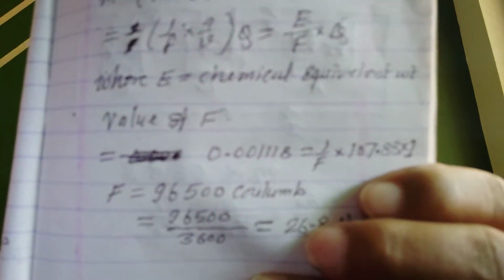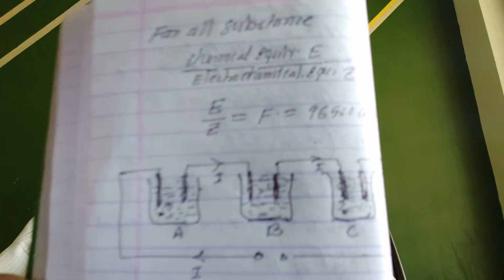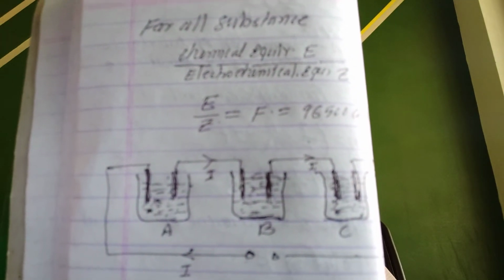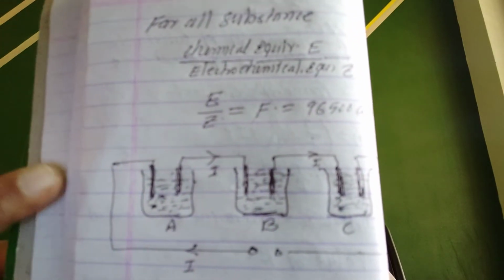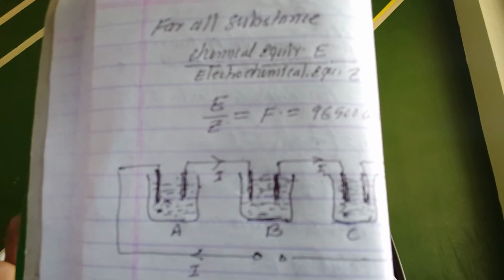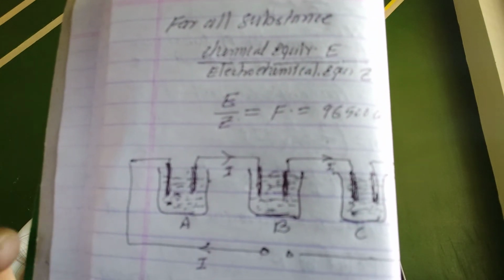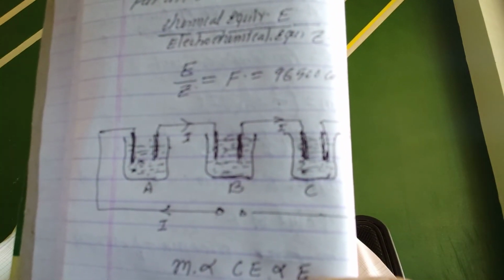So this is the theory of battery, and all the constants are according to what is given by Faraday's first and second law. The second law states that the same quantity of electricity, when passed through different electrolytes. See this figure. There are 3 electrolytes A, B, C, and the same quantity of current is passing through them. So the amount of ions liberated by each section is proportional to its individual chemical equivalent.